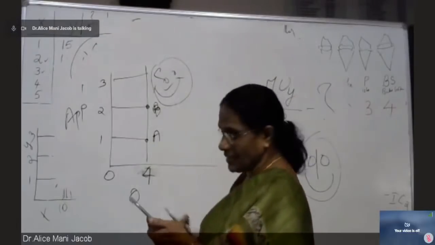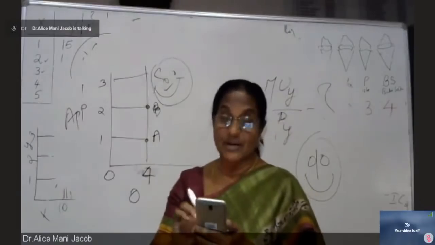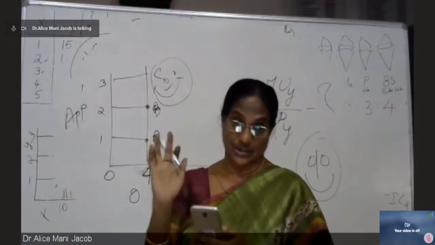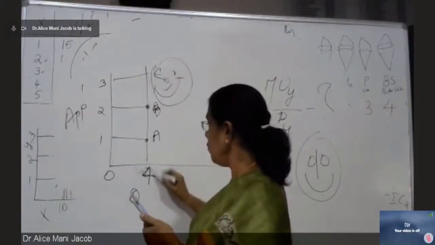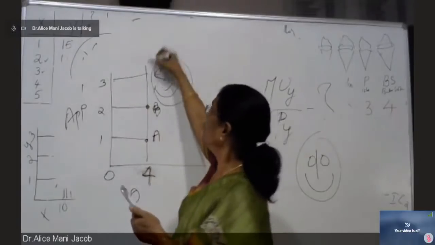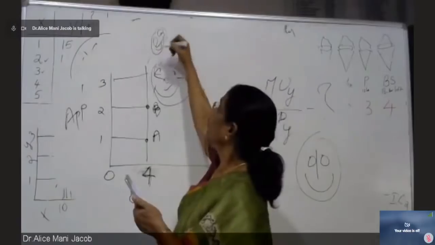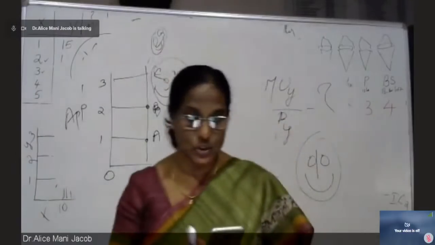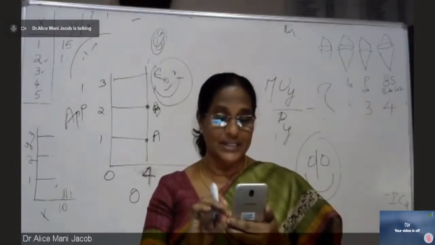That means my satisfaction is greater. The more I have, the greater will be my satisfaction. Clear? And then at C, I have the same 4 oranges and 3 apples. Don't you think I am happier here, or my satisfaction is much more? That's why, just go home and draw all the other shapes.